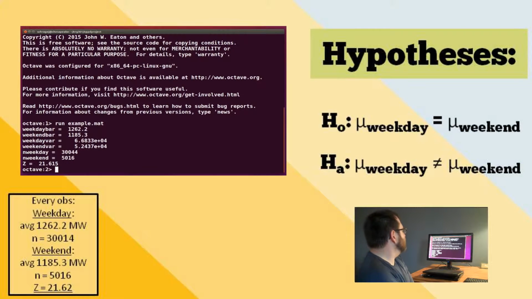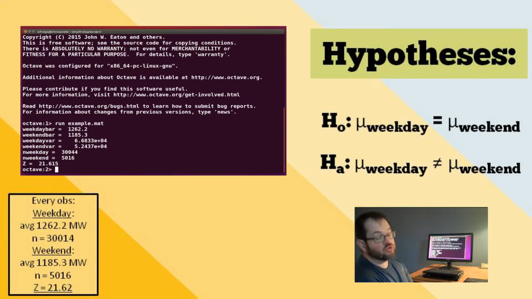And my result here is that when I did this for all the data in our information that OPPD kindly provided to us, we end up with the weekday average is 1,262 megawatts. And our weekend average, weekend bar, was 1,185 megawatts.